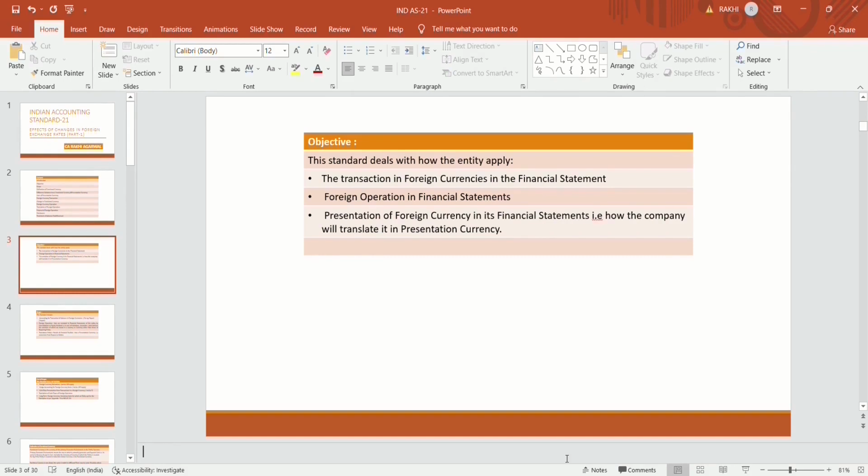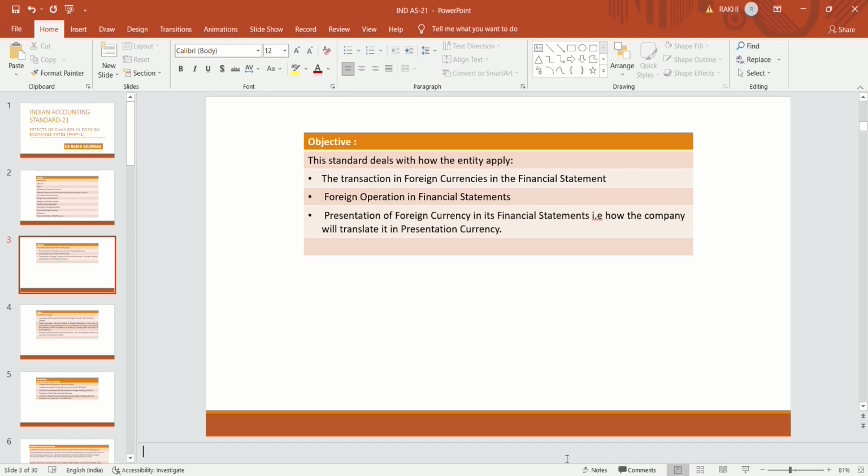It deals with how the company will present foreign currency transactions in the financial statements, and how they will translate the functional currency into the presentation currency for the purpose of investors.